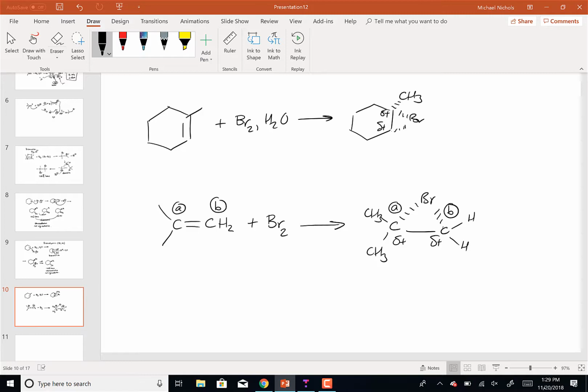So if I'm doing the bromohydrin formation of that, and there's still going to be water in here, I'm going to form that bromonium ion as the intermediate. Now, next step is the water down here has to add to one of those two carbons. It's going to add either to carbon A, carbon B, or both.